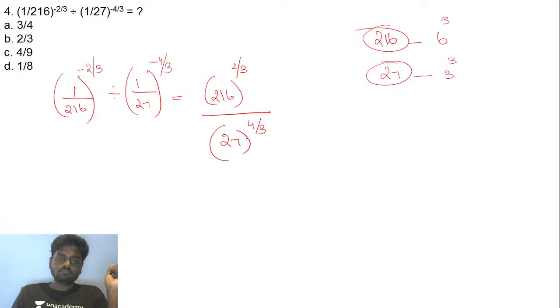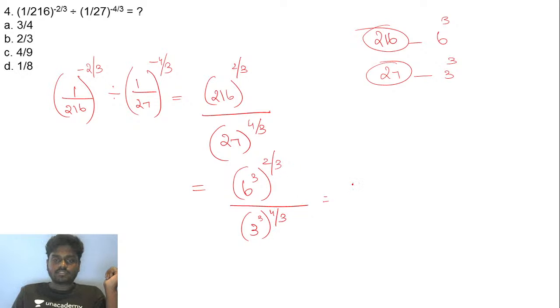Right? So now substitute the values that we got here. 216 is nothing but 6 power 3, the whole power 2 by 3. And if I bring this 27, 27 is nothing but 3 power 3, the whole power 4 by 3.